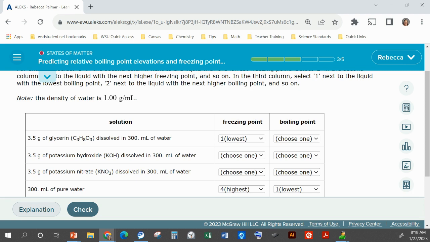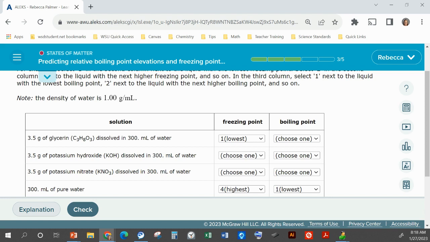Okay, so we need this part now. We need the number of moles. So this one, we're going to do 3.5 grams. We need to convert to moles of particles. So how do we get from grams to moles? Good. Divide by the molar mass. Good. For 1 mole.